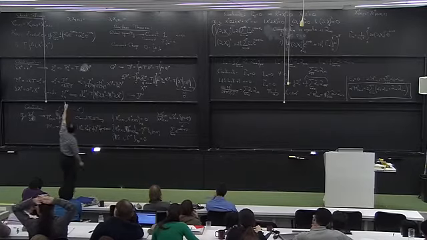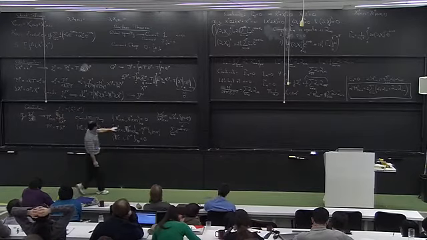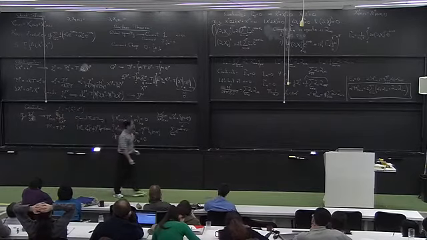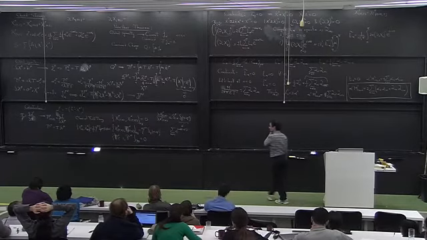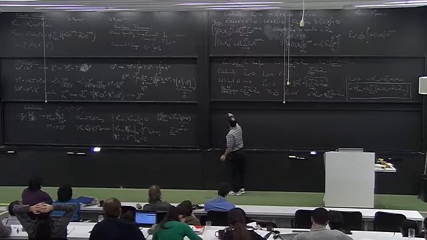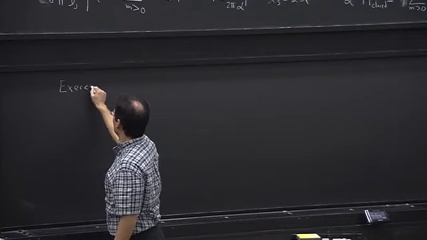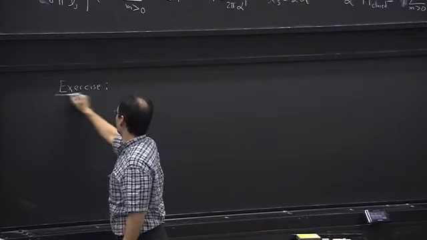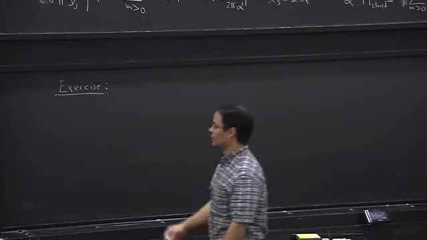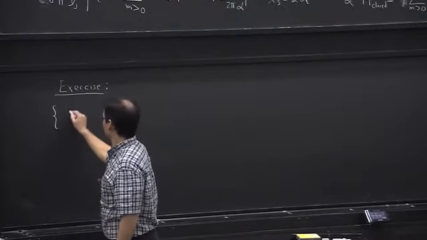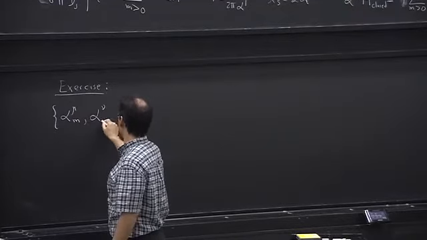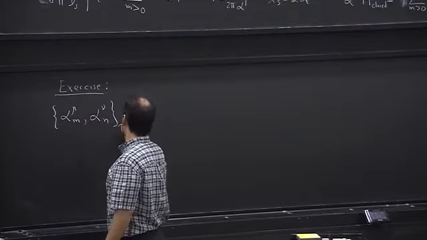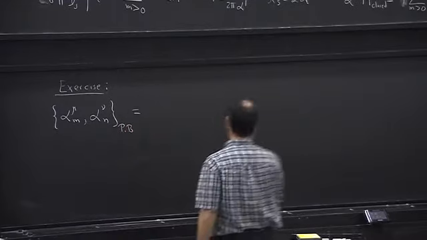So what we have to do is to plug in the expansion we had in these equations and get corresponding Poisson brackets for the oscillators. That should be an exercise for you. And what you should find is that it's something like this.